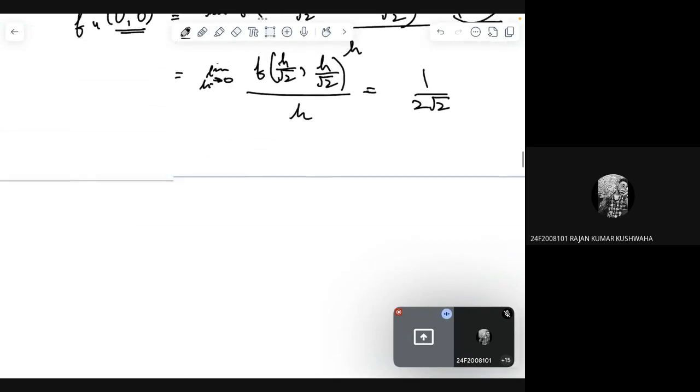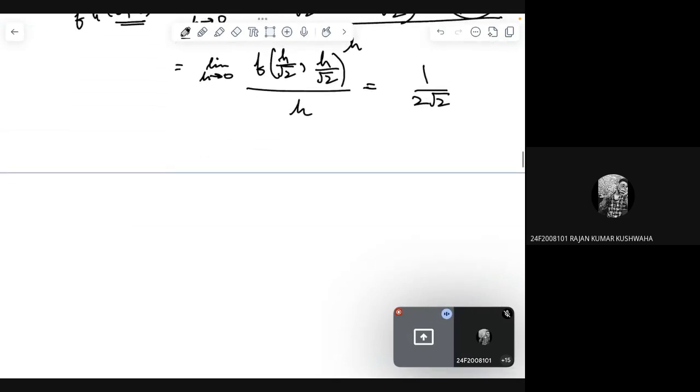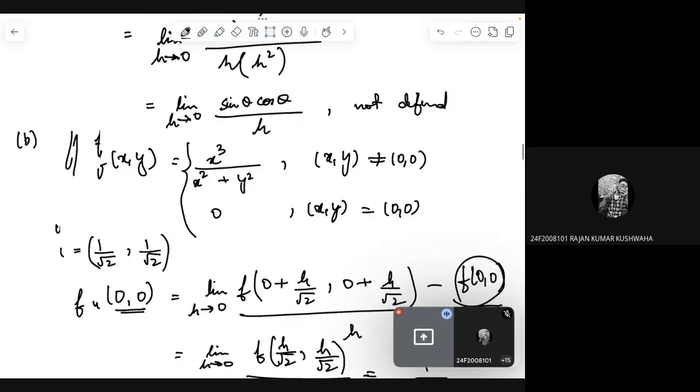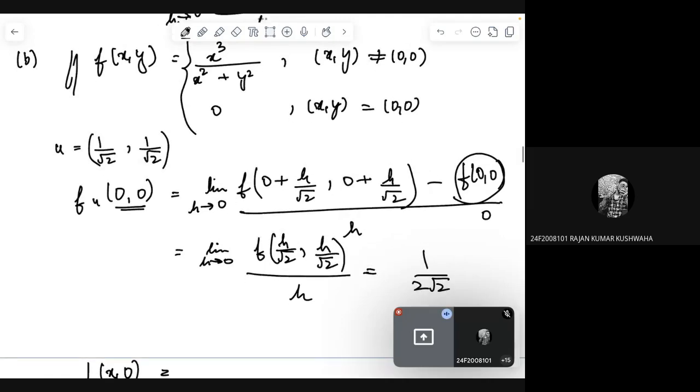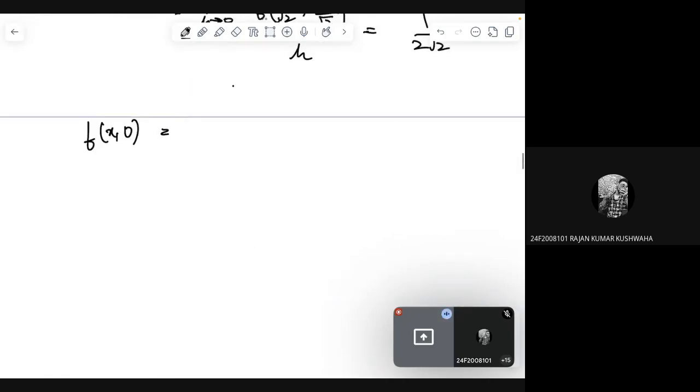And if you're going to take the partial derivative, say first f(x,y) is x cube by x square plus y square, right?